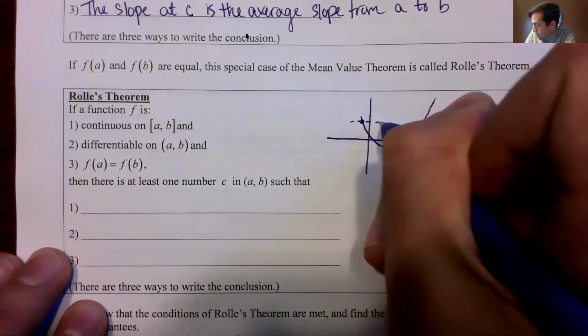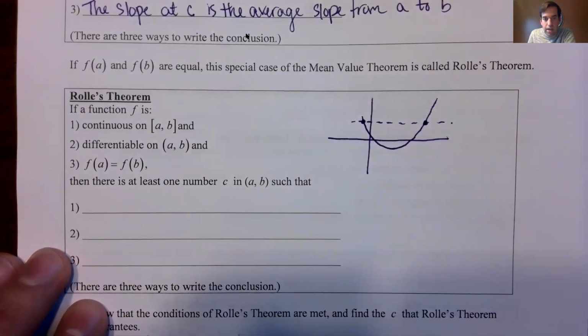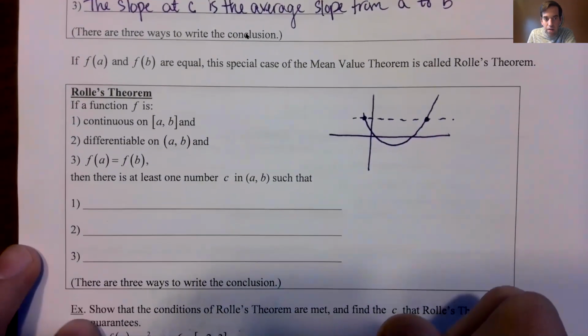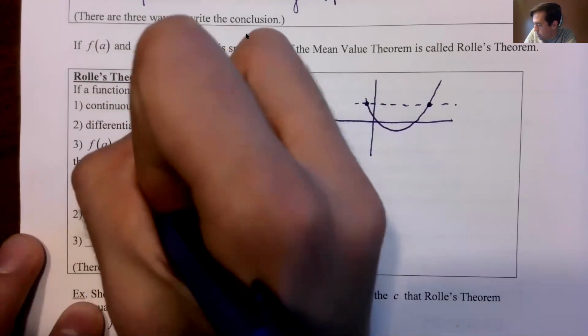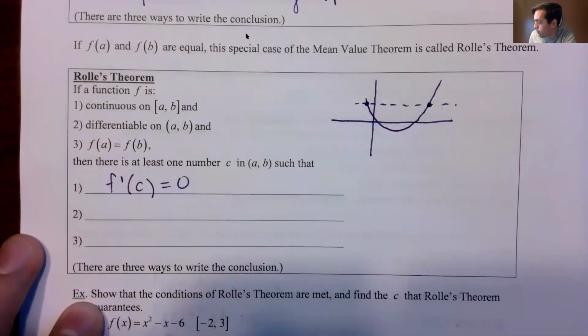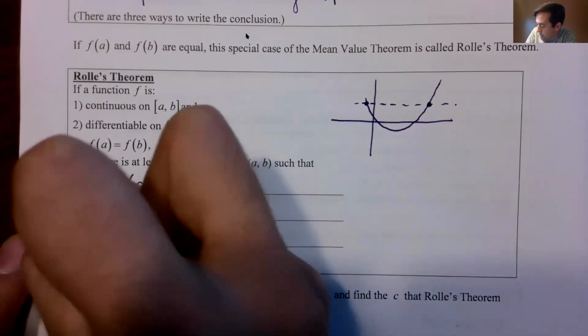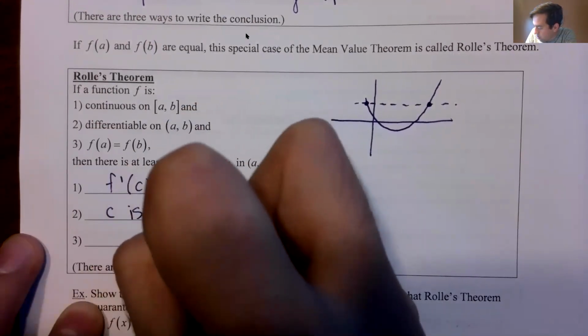So we have this straight across line here connecting those two dots because they have the same y value. Then there is always at least one number C, so one x value C between A and B, such that the derivative at C equals 0. And C therefore is a critical number.